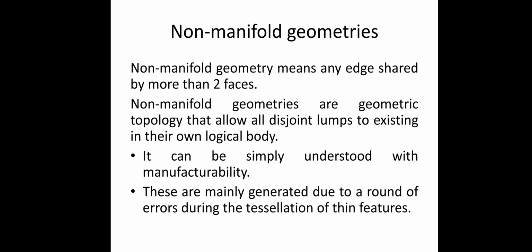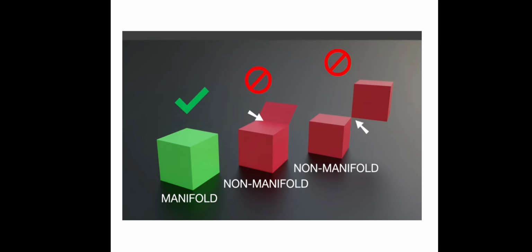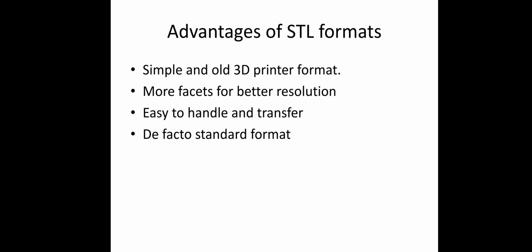Non-manifold geometries are geometric topologies that allow disjoint lumps to exist in their own logical body. They are mainly generated due to round-off errors during the tessellation of thin features. Okay, this is a tessellation. This is a non-manifold geometry. This problem is not present in other advanced formats.